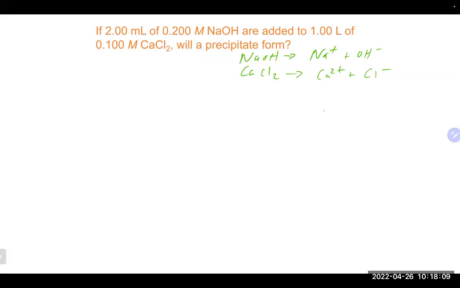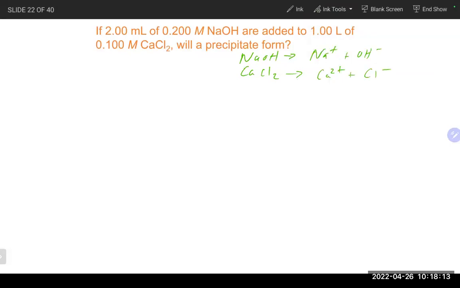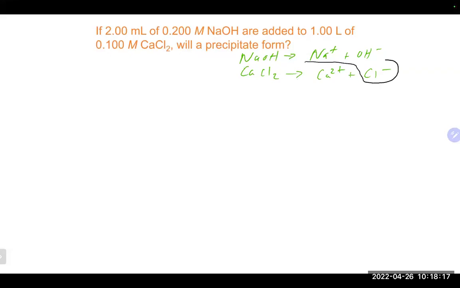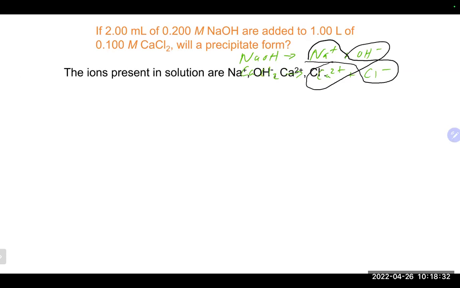Now, in this case, it's obviously going to do some type of double displacement reaction, which means your two options are sodium and chloride coming together, and your other option would be the calcium and the hydroxide coming together. So this is where you might want to think about solubility rules and think about whether either one of these would perhaps form a solid.